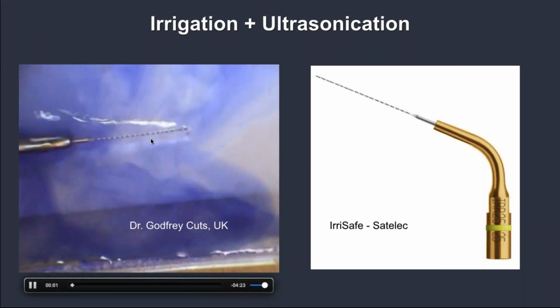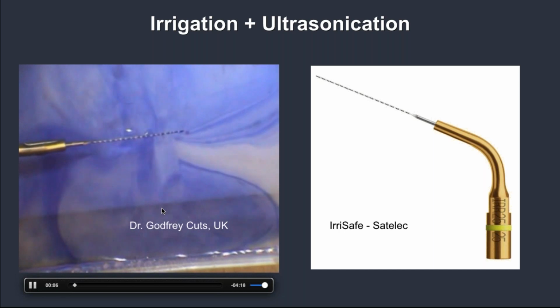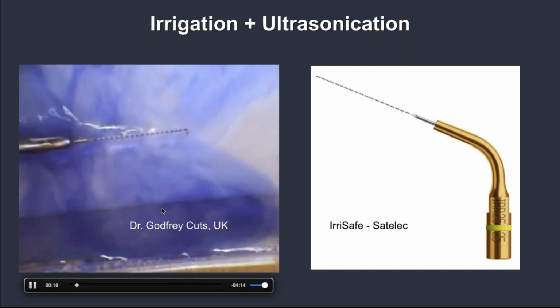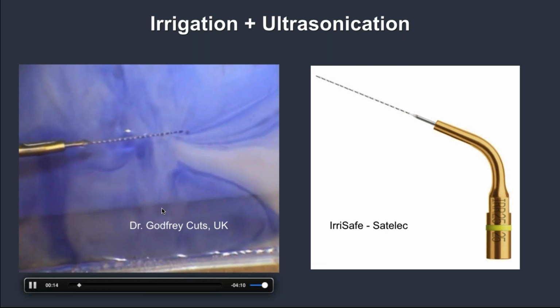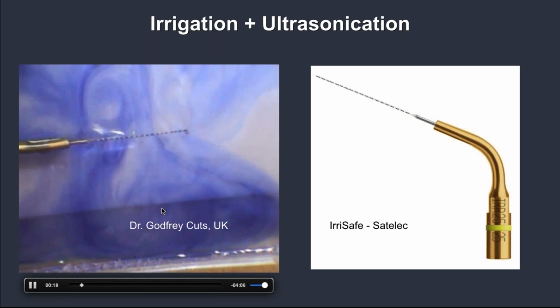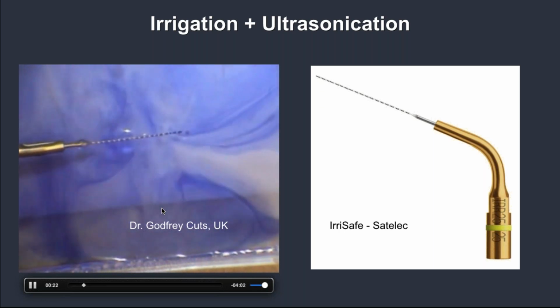So the ultrasonic looks great in a pool of water where it's moving perfectly, and you see how it's pushing the irrigant into all these places. Two things wrong with this picture from a practical point of view. Number one, where it's pushing them is filled with debris if you're using a round file.